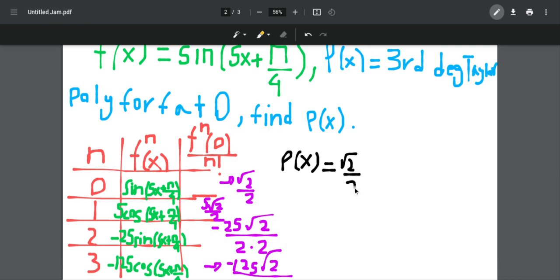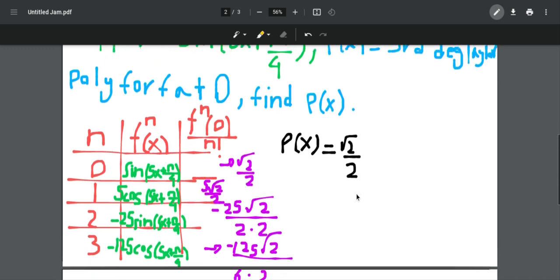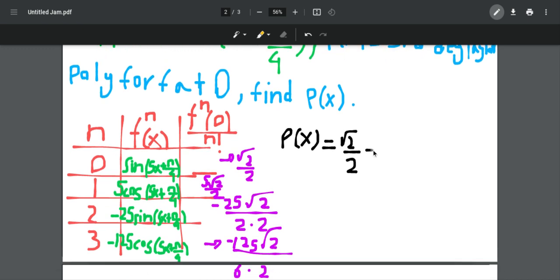So we get just square root of 2 over 2 times x to the 0, which is 1. And then plus, because the second one's also positive, plus 5 times square root of 2, and then over 2, but we need to multiply it by x to the power of n, which in this case n is 1, so we multiply it by x.